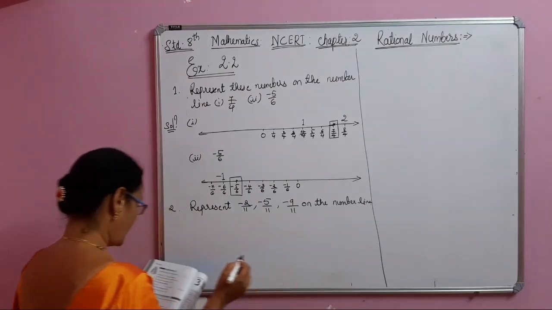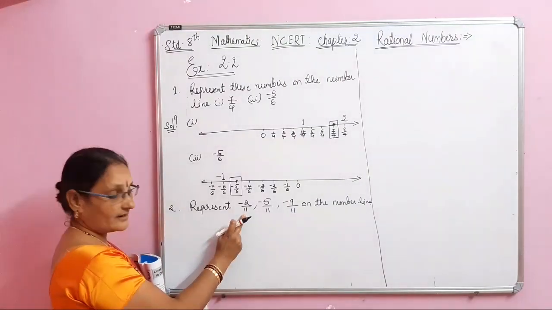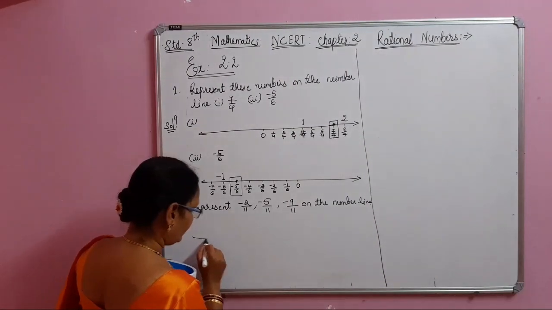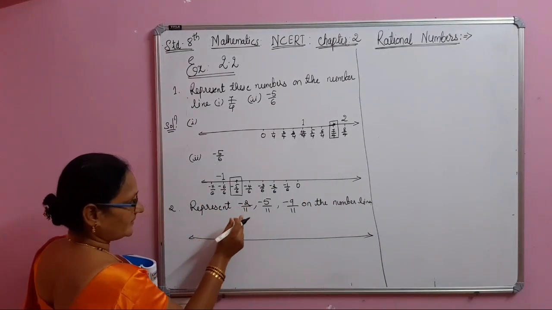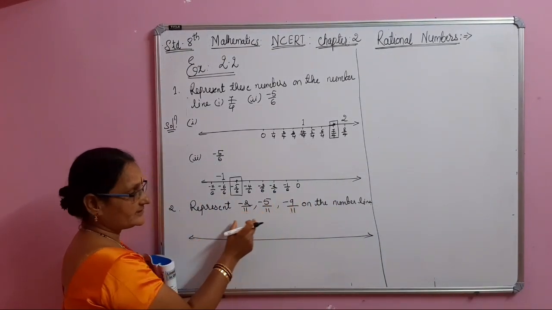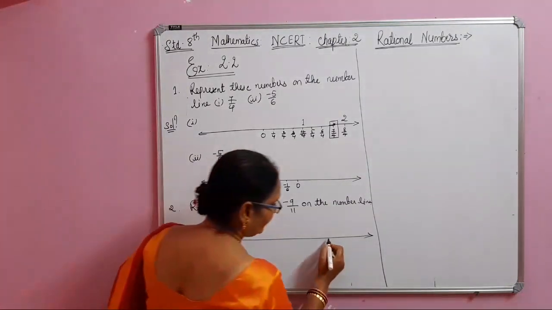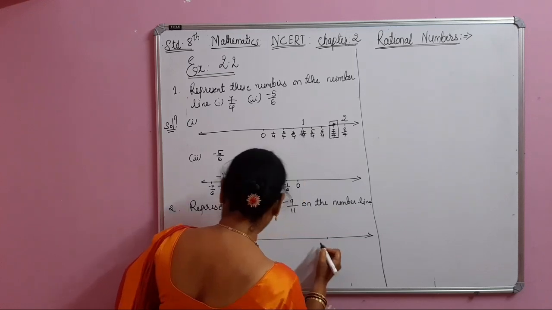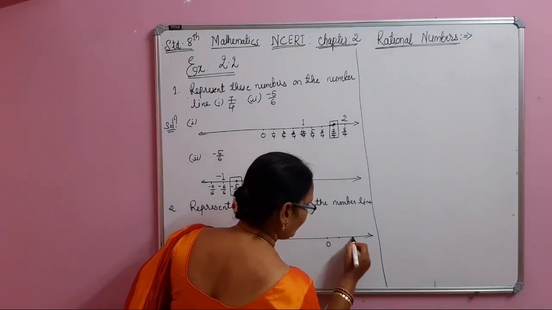Now, how many parts do we have to make in 1 unit? 11 parts. Just by seeing, you can understand these rational numbers all lie on the left side of the reference point. So better you take more space on this side only. Here just mark it like that.